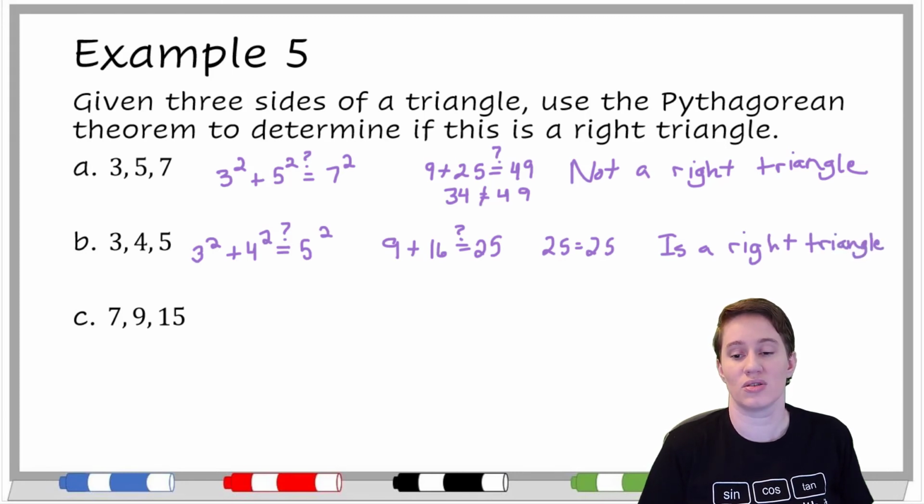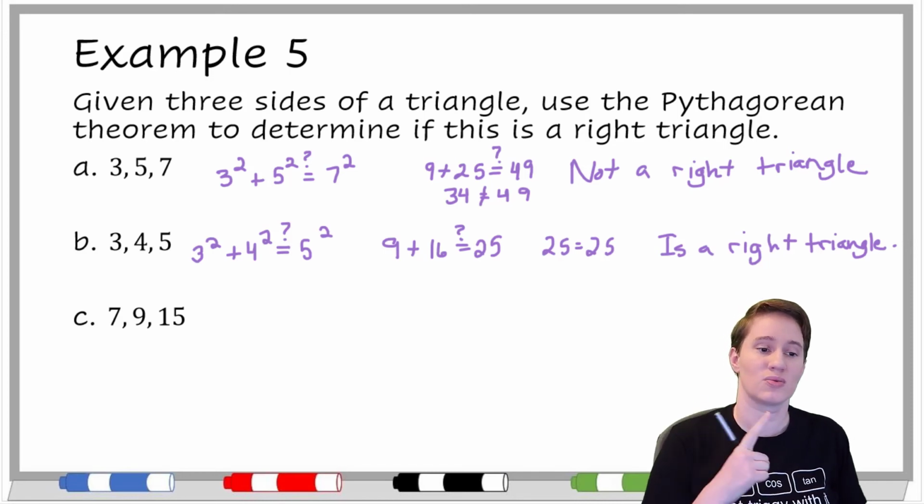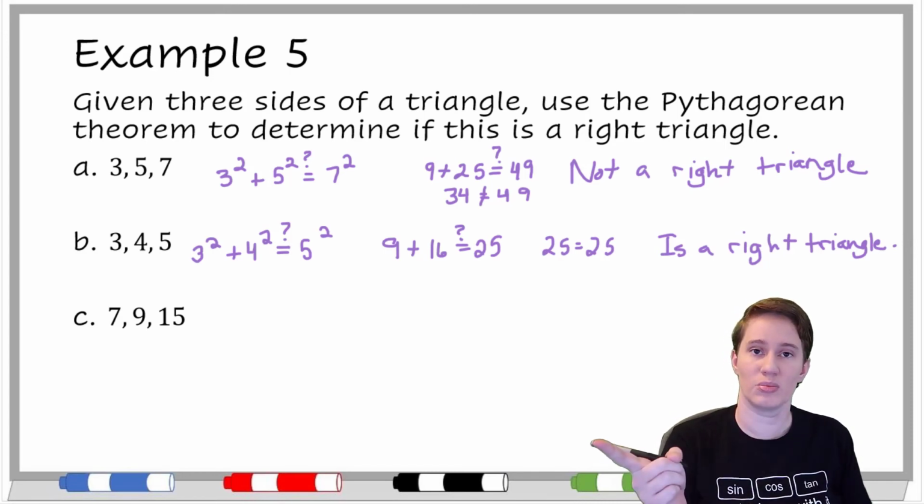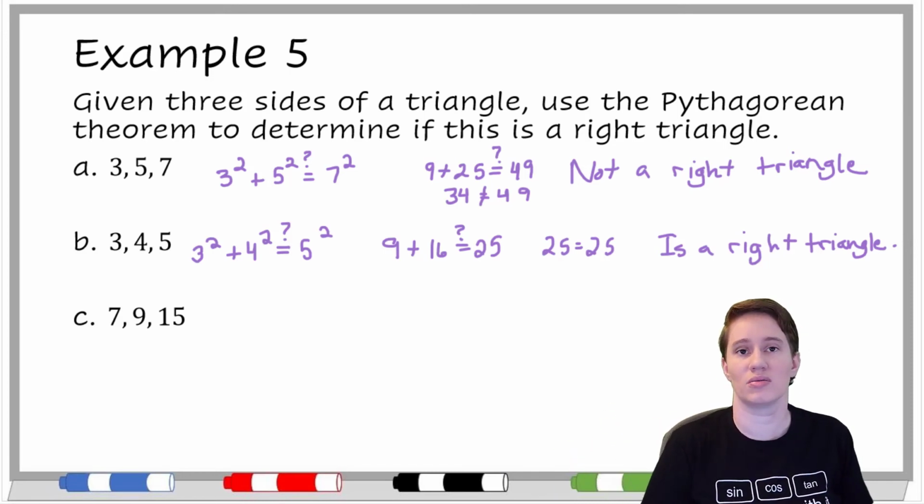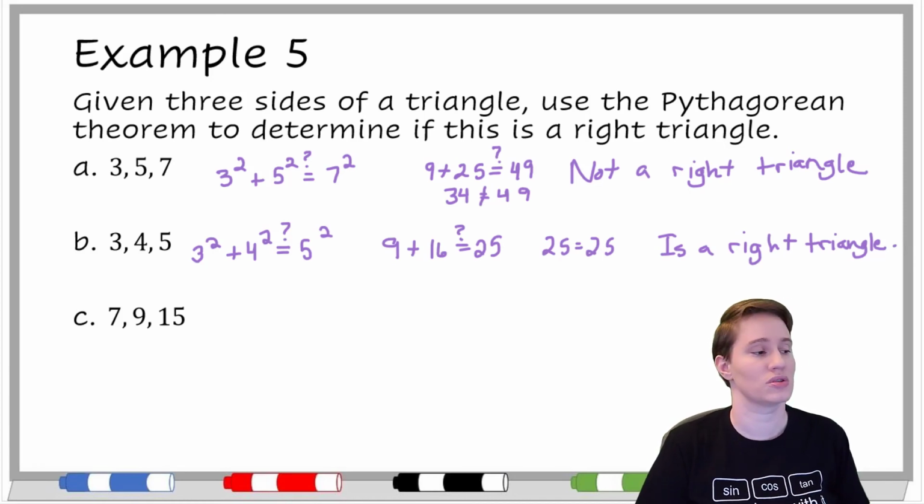And so I mentioned this earlier, special numbers like this where they are all whole numbers, but they work out to form the sides of a right triangle, are called Pythagorean triples. 3, 4, 5 is one of the most common ones, and it's also cool that you can just double and triple and so on those numbers, and those will also be Pythagorean triples.